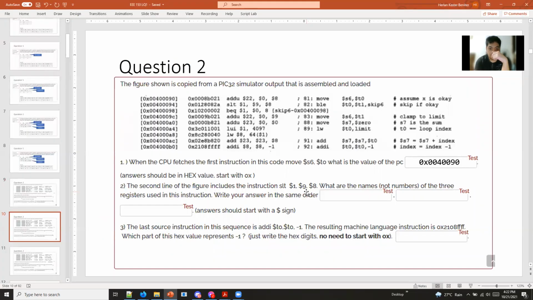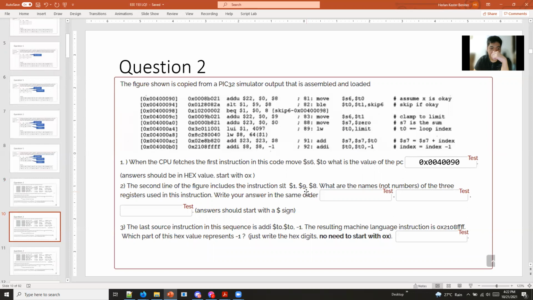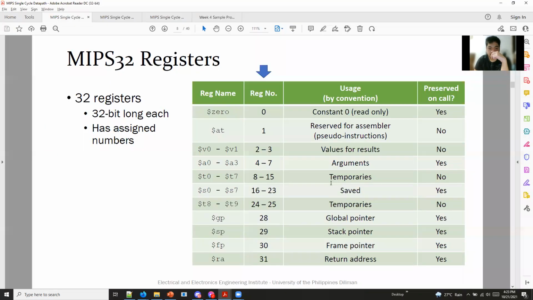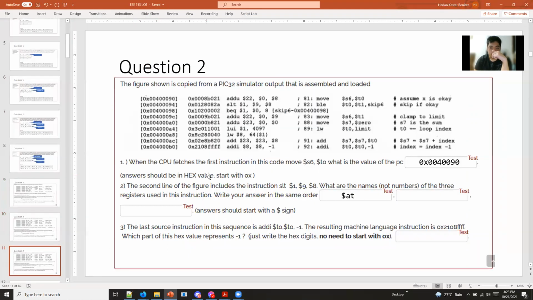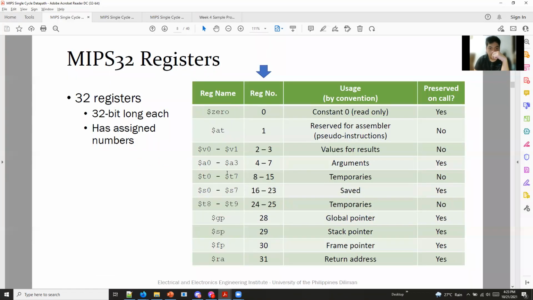So si $1 siya ay si $80. So si $9, if check natin siya si T0 to T7. So siguro yung pangalawa, T1. And then si T8 ay si register number 8, siya si T0 naman.